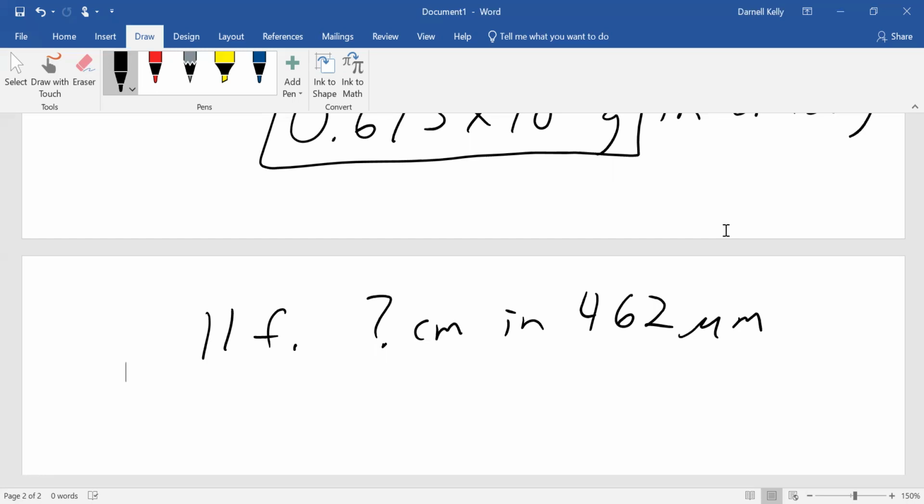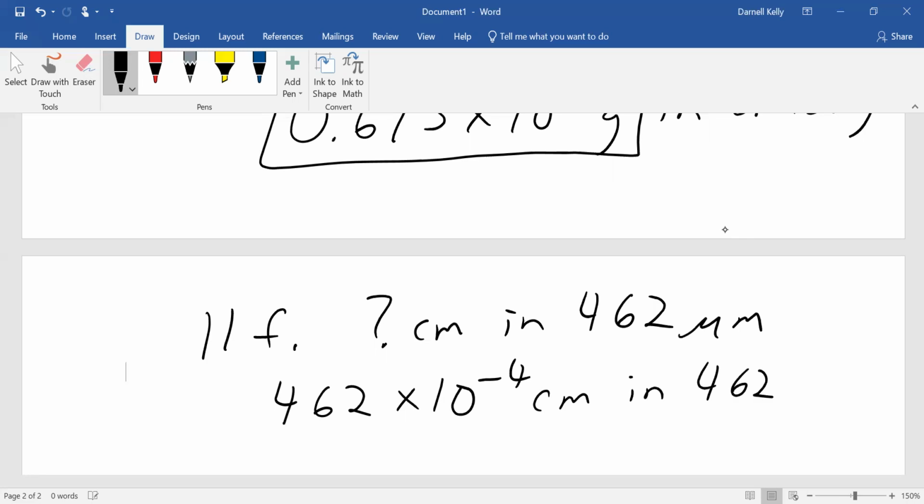Thus, we'll say 462 times 10 to the minus 4 centimeters in 462 micrometers, microns. All right, and minus 4 once again, as we count to the left.